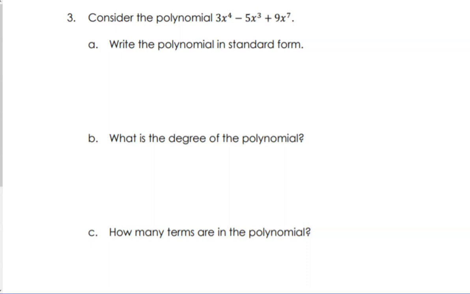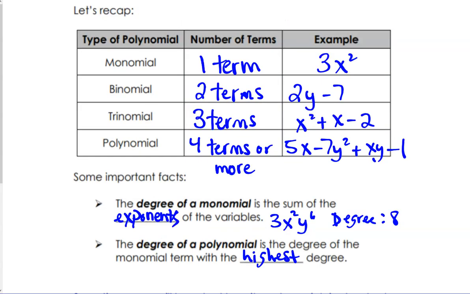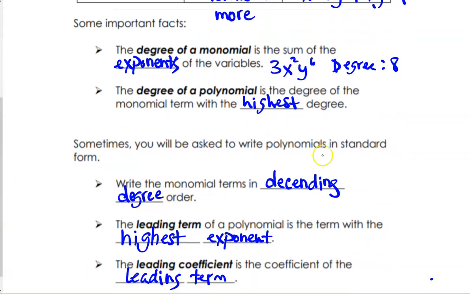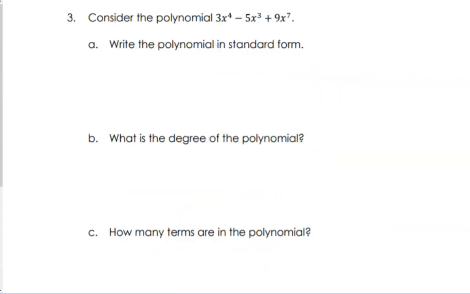Let's try this one. Consider the polynomial 3x to the 4th minus 5x cubed plus 9x to the 7th. Okay, write the polynomial in standard form. Okay, remember back here, standard form was writing the polynomial by descending degree order, meaning starting with the highest exponent and work our way down.